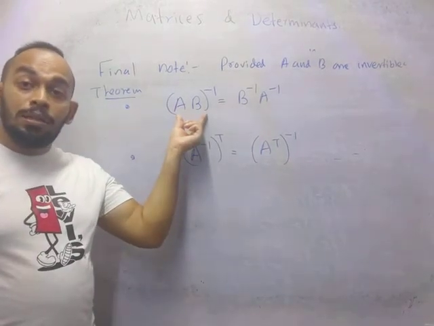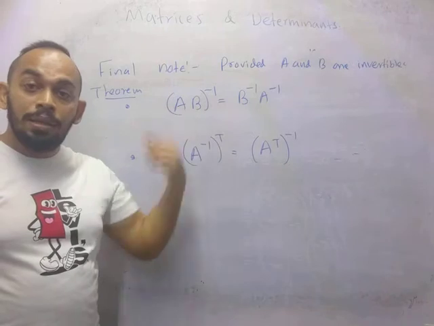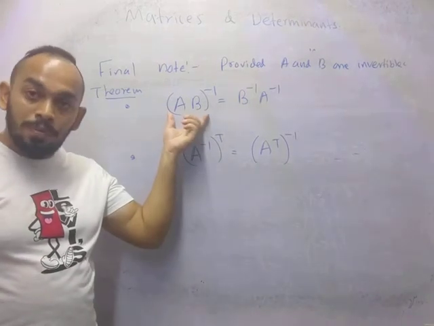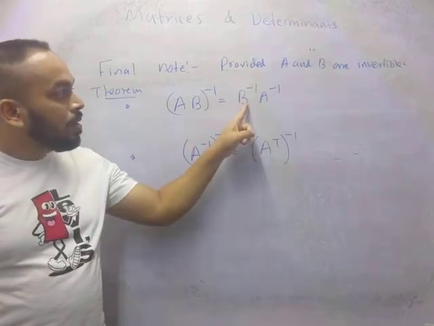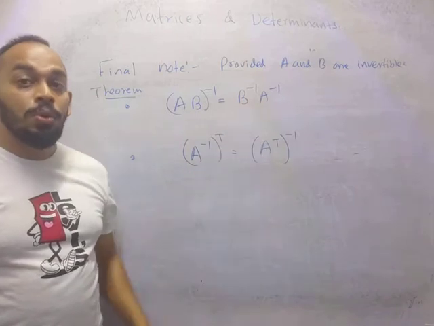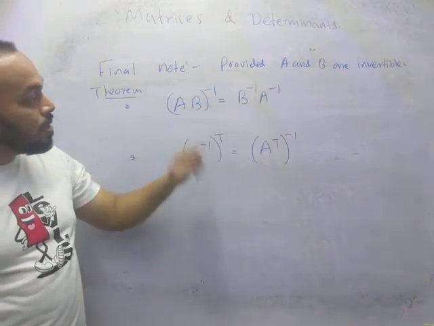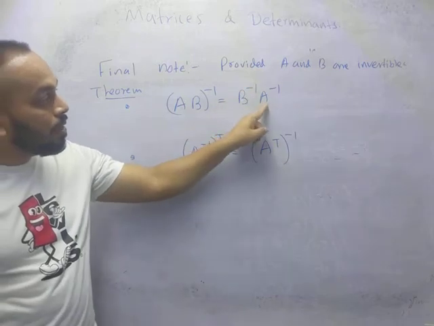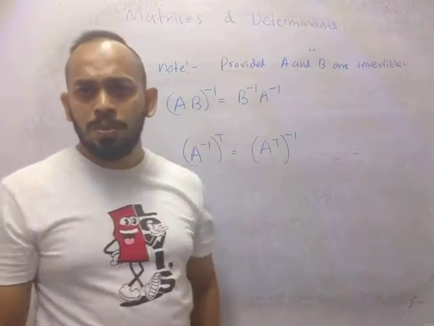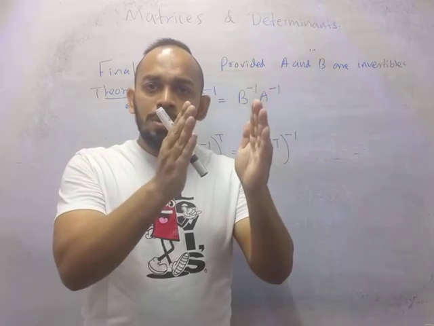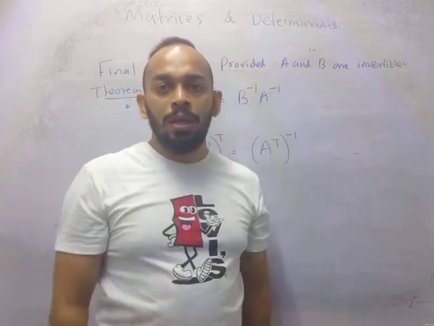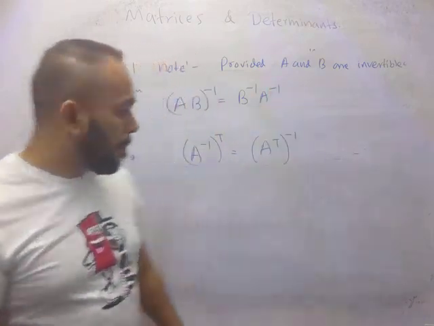Inverse of a product. So you have a product, then you have to take the inverse. The inverse of a product is equal to the product of the two inverses, but the order has changed. So you can see that (AB) inverse is equal to B inverse into A inverse, just like with transpose. So (AB) transpose is equal to B transpose into A transpose. So the same thing here.